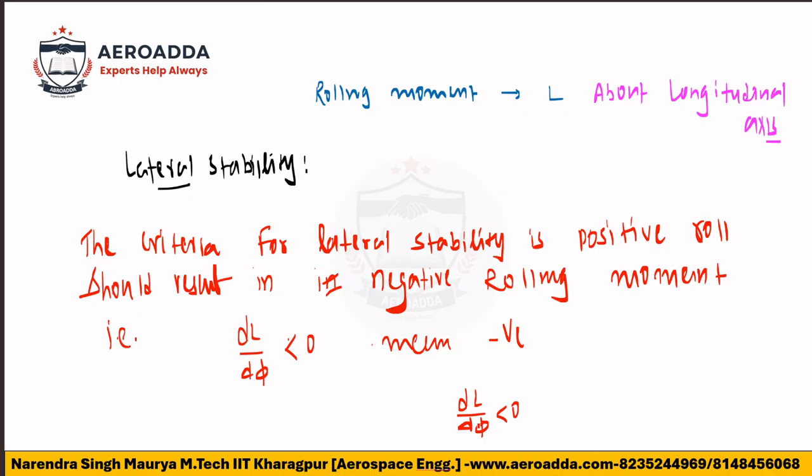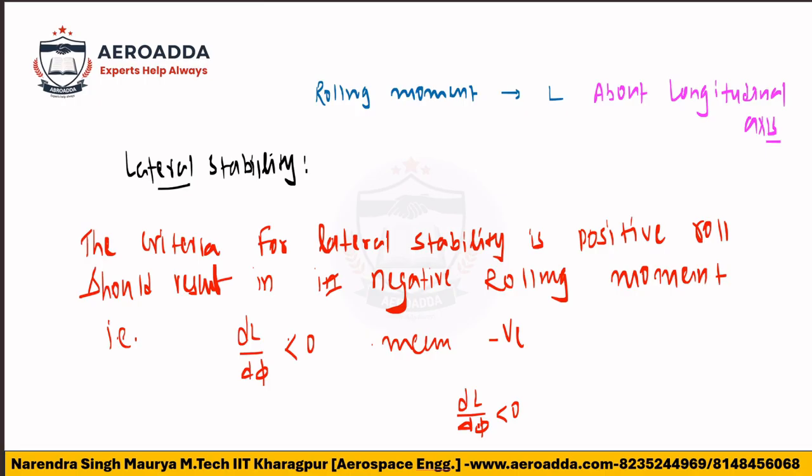Correct. So similarly here also. So that roll is the positive roll. But what is the criteria for the lateral stability? A negative rolling moment, just like in the longitudinal case. If you relate from longitudinal stability, you will understand.